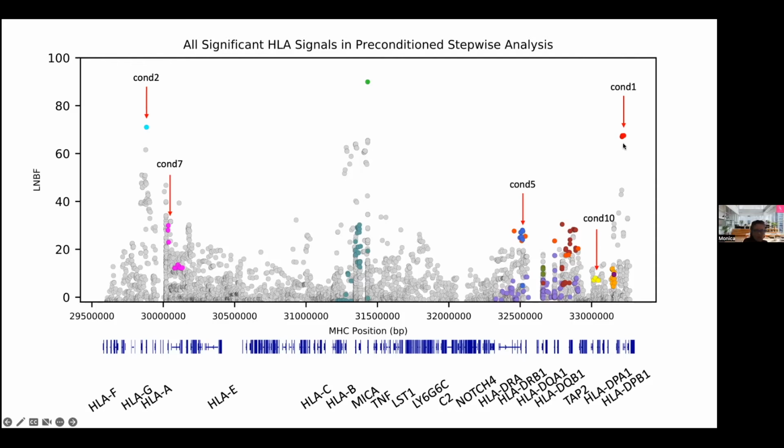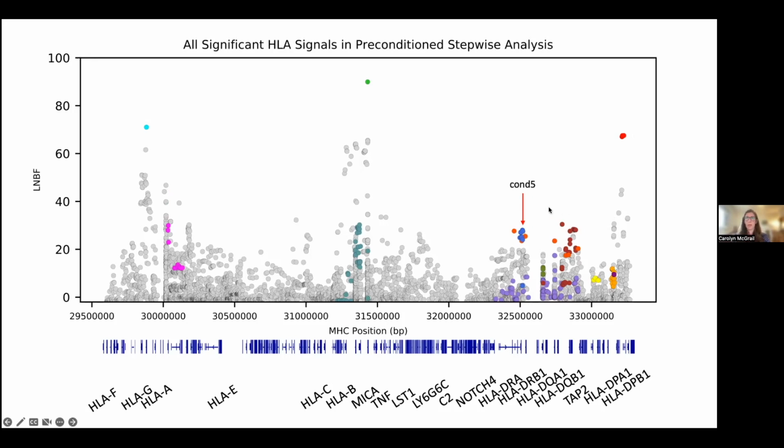Okay. And then condition 1 is interesting because this was actually identified previously by another group as an independent conditional signal. So this is the only one that was previously identified as a fine-mapped signal. But some of these have also been described in the context of T1D.